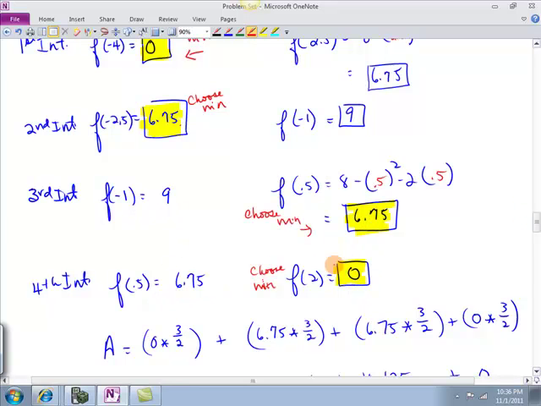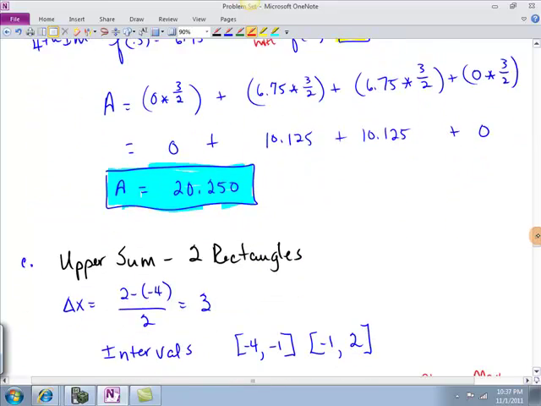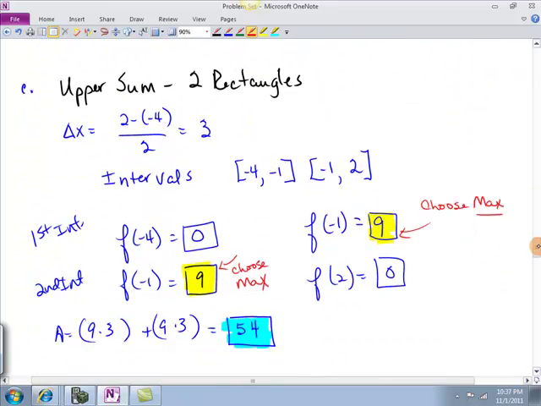Every time I'm choosing the min. All right, so those are my heights of my rectangles. My delta x was 3/2, so I had 0 times that, which was 0 plus 10.125 plus 10.125 plus 0. Your answer was 20.250.